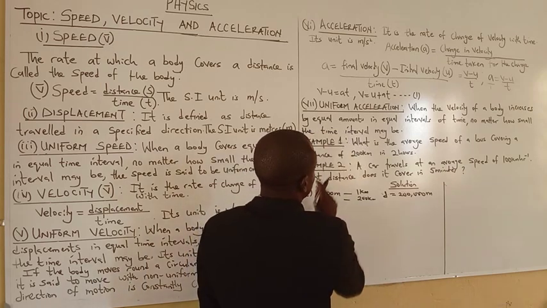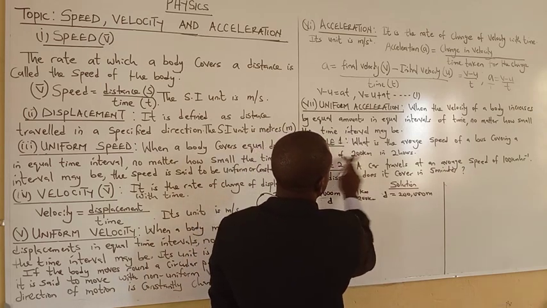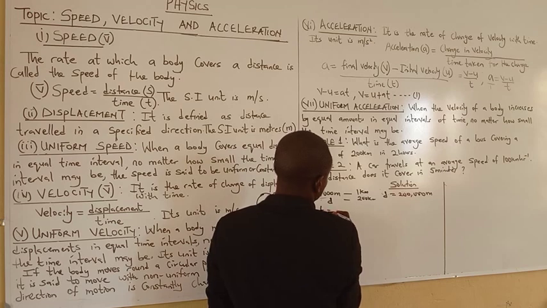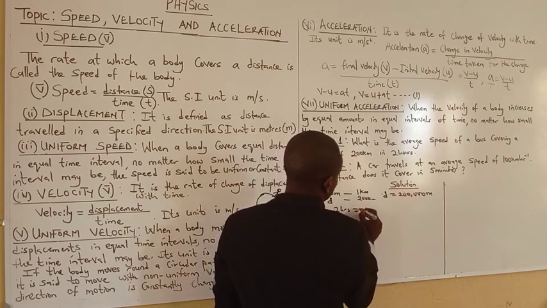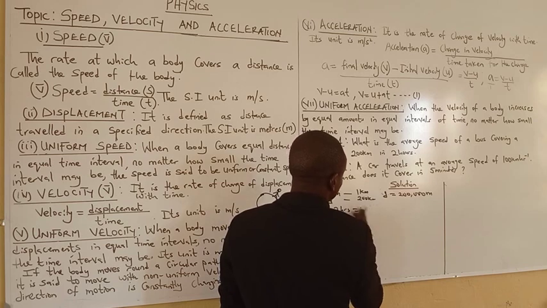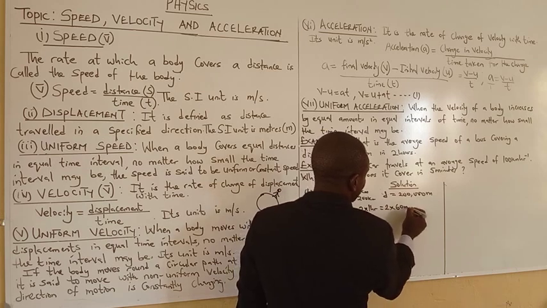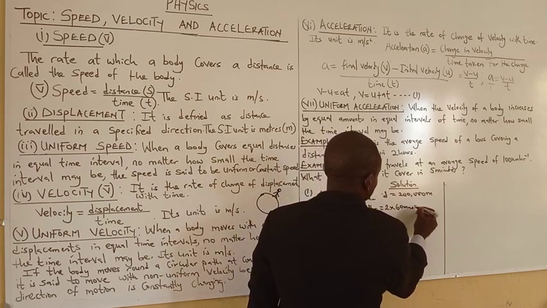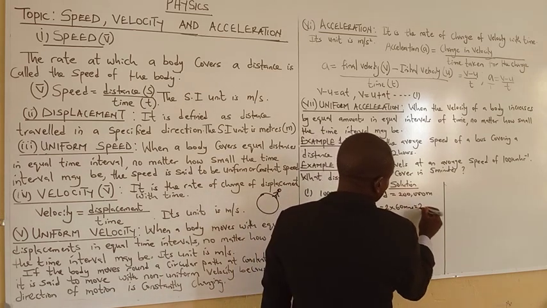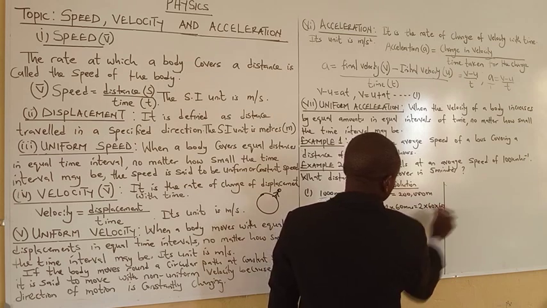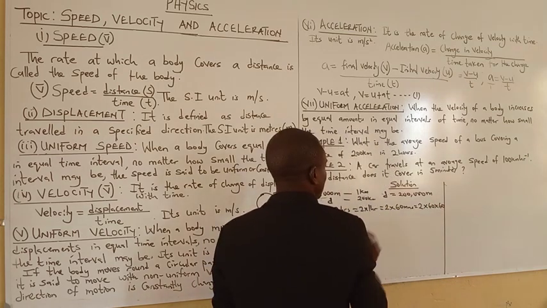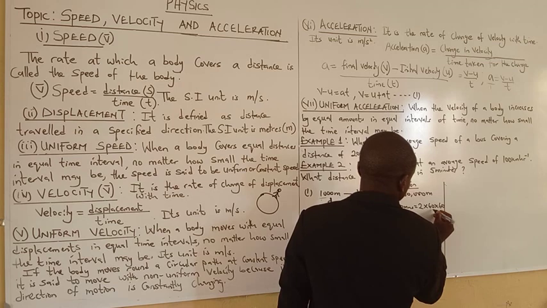Covering this distance in 2 hours, which is 2 times 60 minutes, since 60 minutes make 1 hour. You want to convert to seconds: 2 times 60 times 60. Okay, you have that one in seconds.